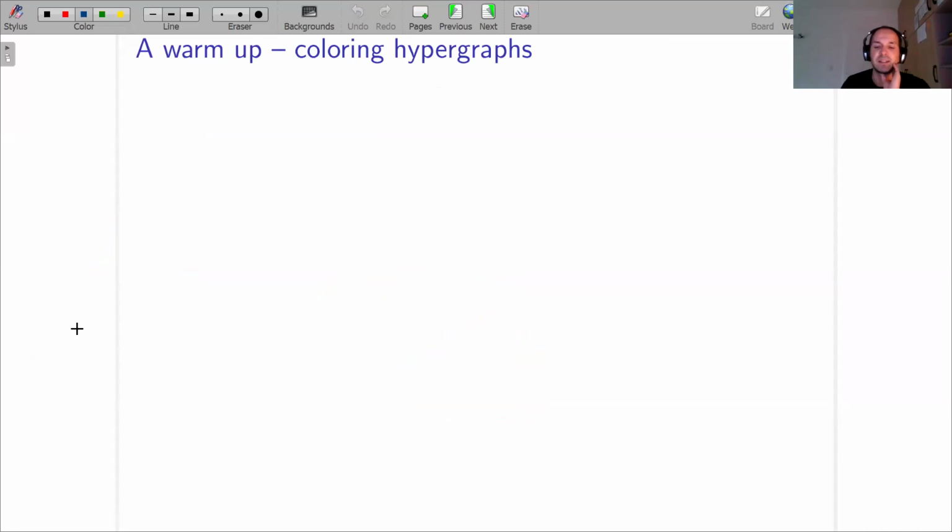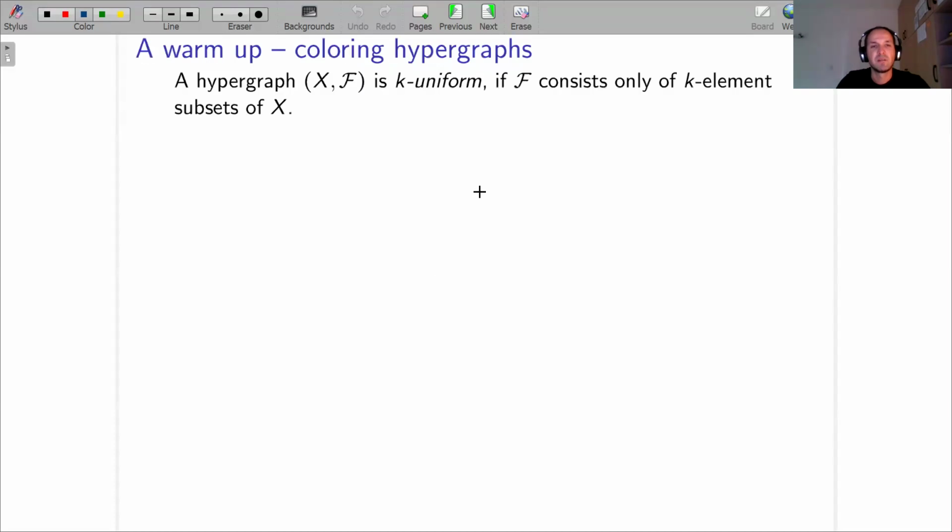Let's approach it by a warm-up example, something that at first sight doesn't have much to do with games, but we'll connect it soon. Covering hypergraphs. What is that? Well, a hypergraph is k-uniform, I will need that, if all the sets in the hypergraph, all the hyperedges if you wish, have cardinality k. They are k-element subsets.